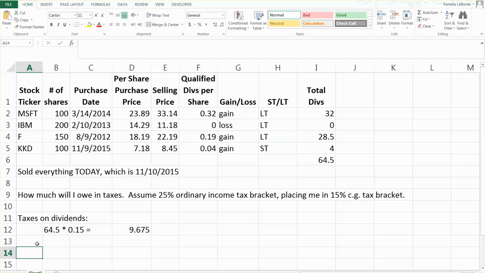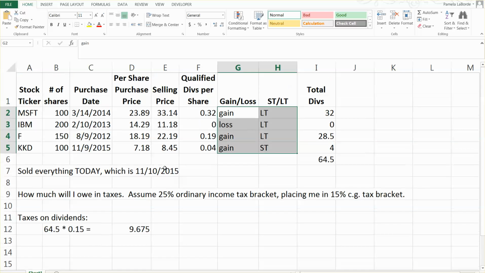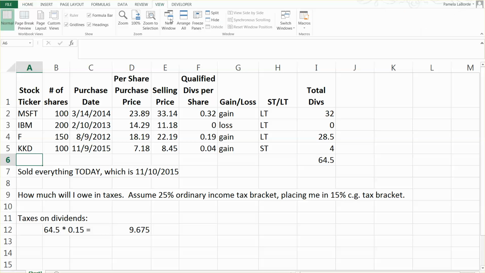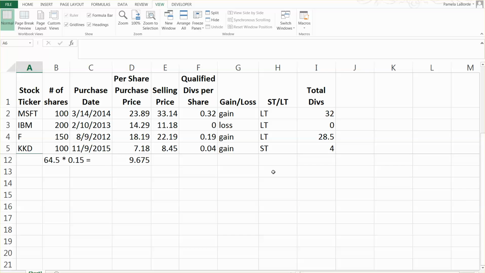Now I need to figure out my capital gains taxes and deal with that capital loss and deal with the fact that some are short term and some are long term. All right, I am going to freeze these panes so I can scroll and y'all can still see that data.